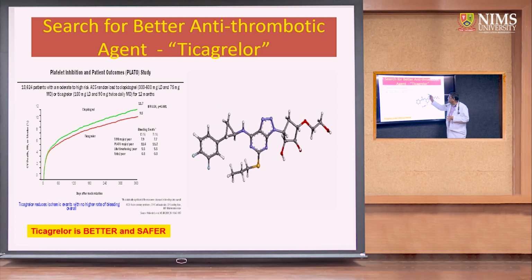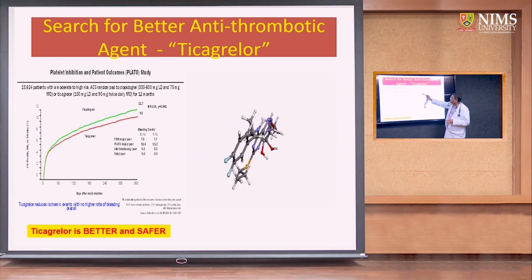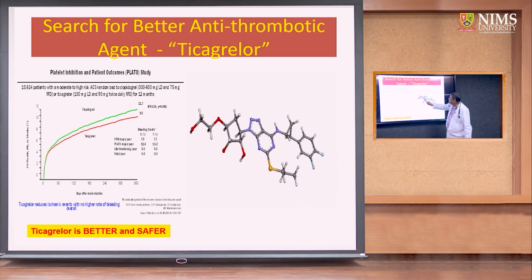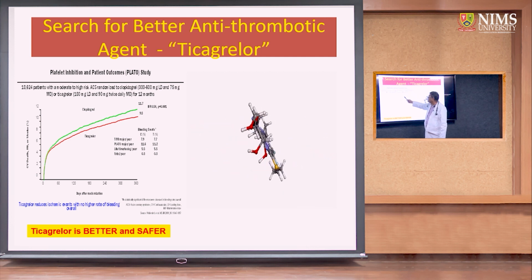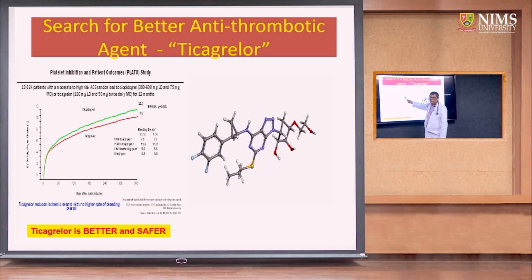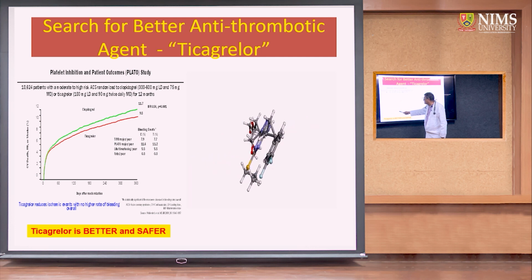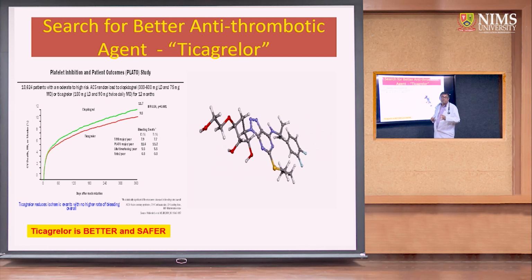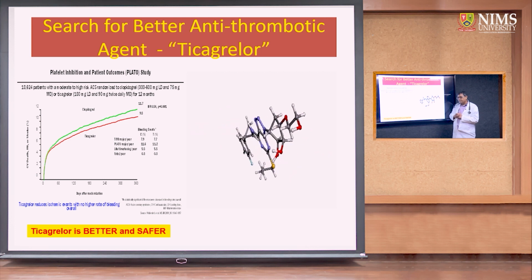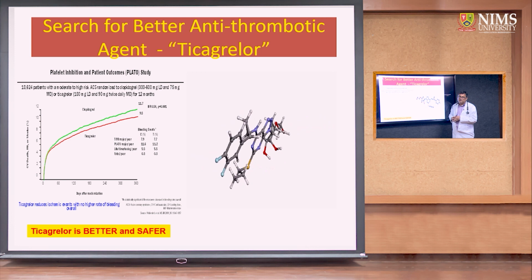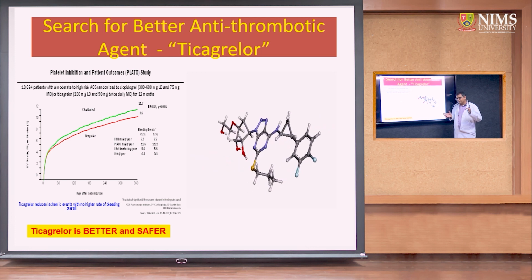This drug was identified, ticagrelor, and remember this trial, the PLATO study, which showed that compared to clopidogrel, ticagrelor was better in reducing the ischemic or thrombotic risk, but with no higher rate of bleeding overall. So it was more effective than clopidogrel, but not much increase in bleeding risk. A balanced drug of the two.